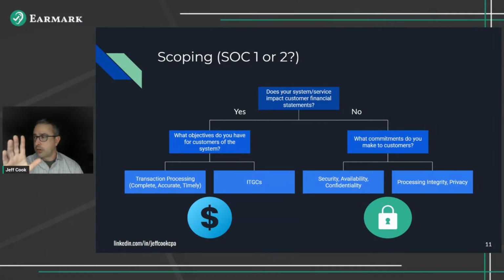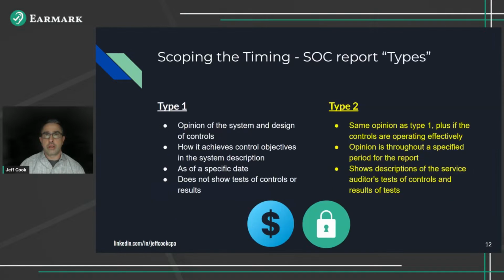We can do a whole other training on that, but basically think of ADP as processing. That would tie into SOC 2 processing integrity. Privacy, I've got a whole article on privacy about data processors versus data controllers. Privacy is really only impacted if it's a data controller who's got data subjects in mind.